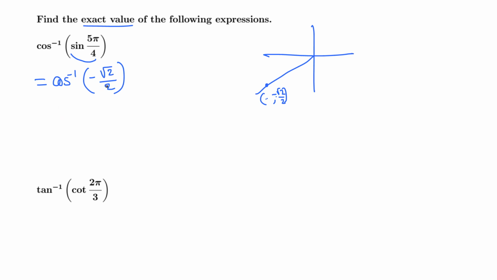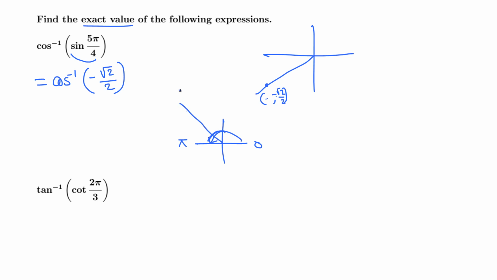Now cosine inverse of something should be in between 0 and pi. The cosine inverse of some number could be positive or negative. Positive means in the first quadrant. Here negative means our answer should be somewhere here.